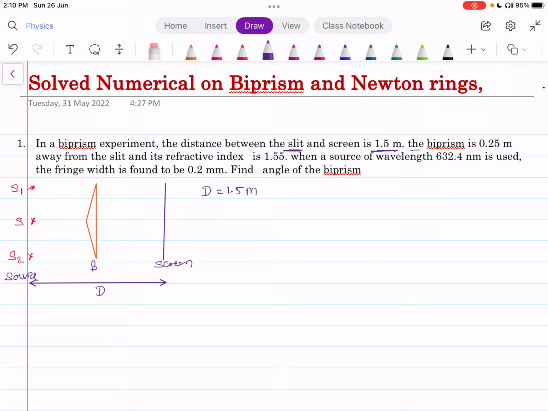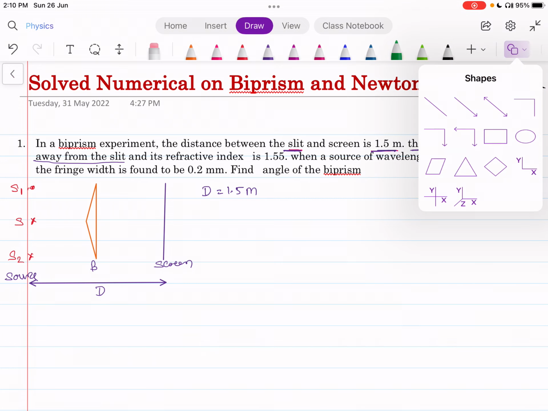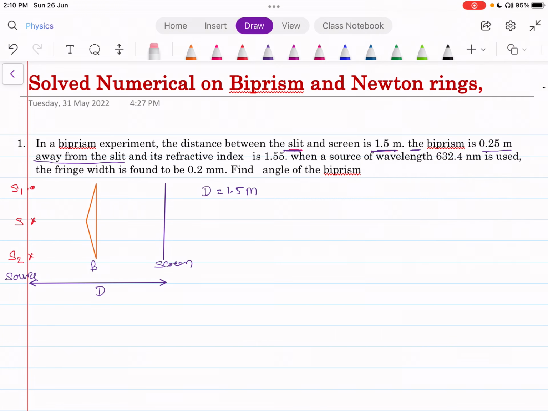Then let's read further. The biprism is 0.25 meter away from the slit. So another distance is the distance between the source and the biprism. Let us call it A, which is 0.25 meter.